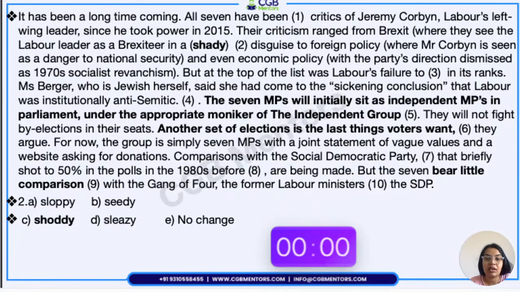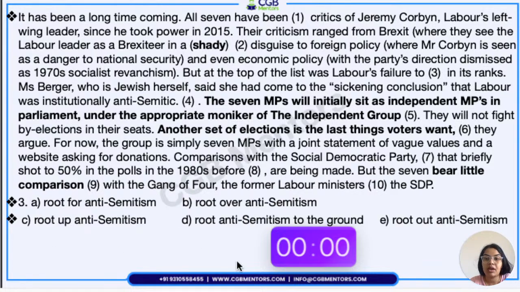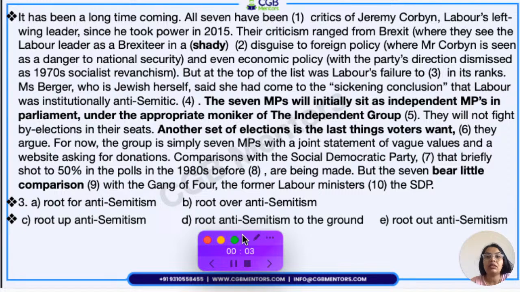The answer to this one is C. We are going to do all the blanks together, and then I'll take you through the explanation.